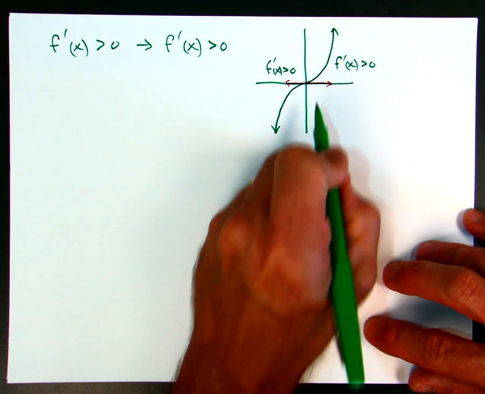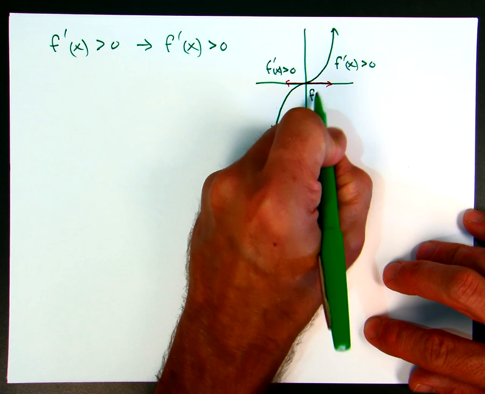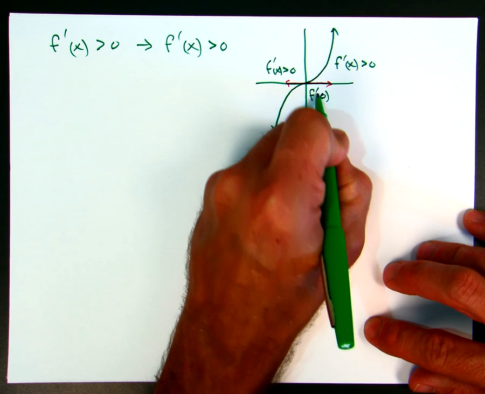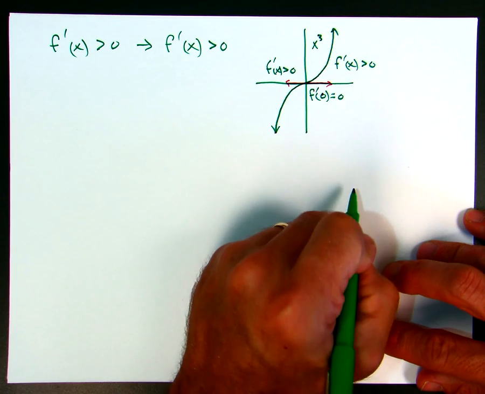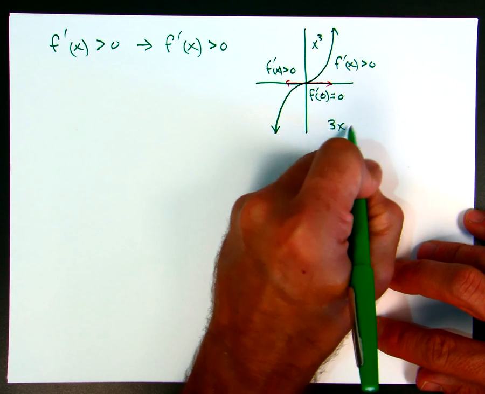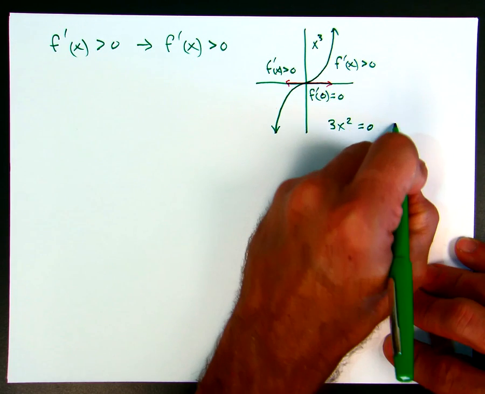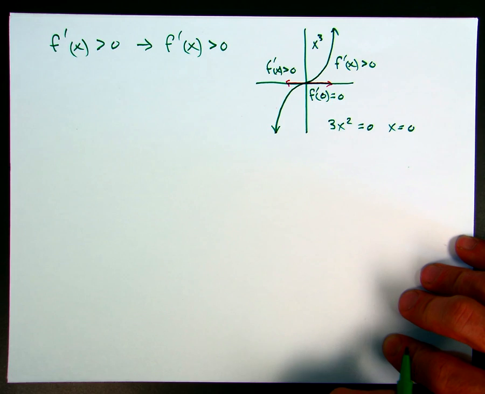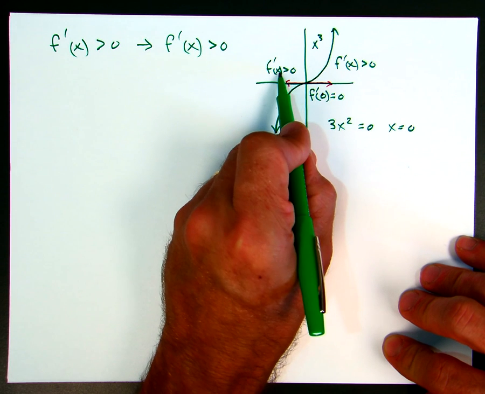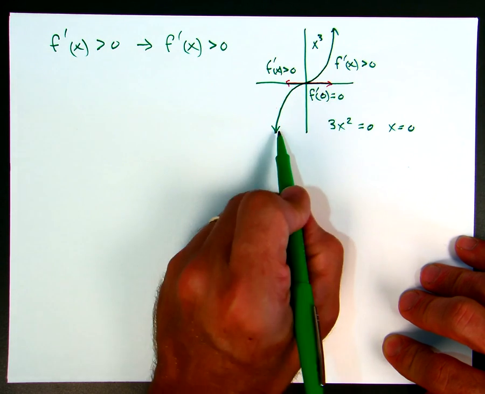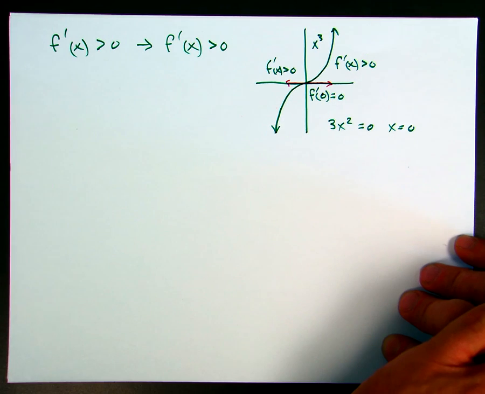So we have a critical point here, because at this point, f prime of 0 is 0. All right, this is the function x cubed. One way to see that is that the derivative is 3x squared, and that's going to be 0 when x is 0. So we know that right at that point, the derivative is 0. But to the left of it, it's positive. To the right of it, it's positive. So it's increasing, and then it's increasing again on the other side.